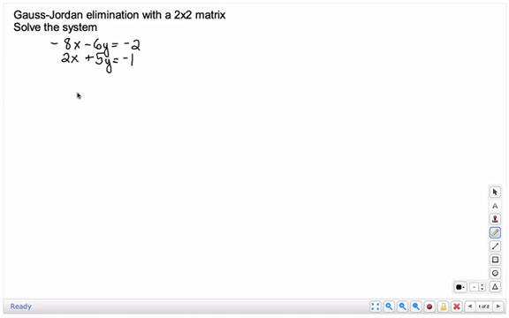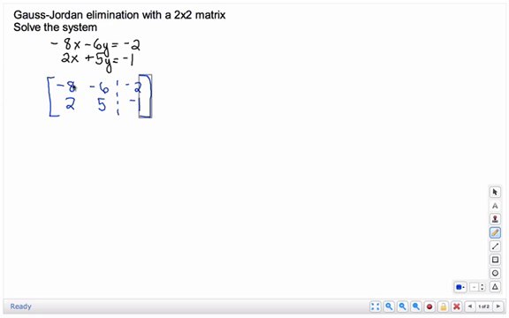So let's go ahead and work on this problem. Now, the ALEKS program actually has you solving this in a particular order, and it kind of gives you hints about what you're doing. So -8, -6, our little dash line here, -2, 2, 5, and -1. So the first goal, we're going to go in this order.